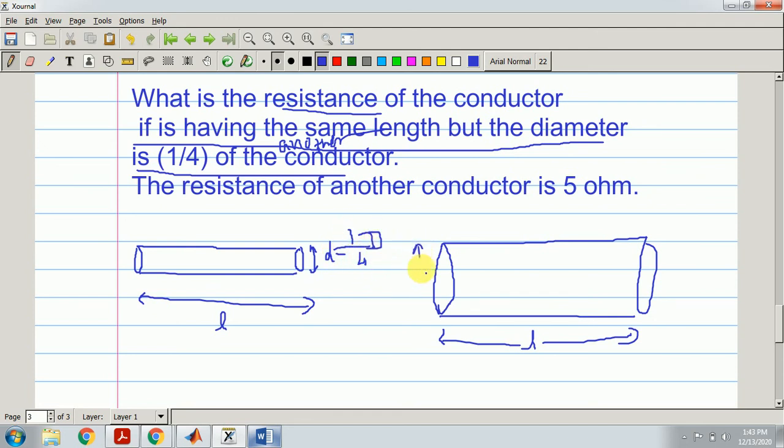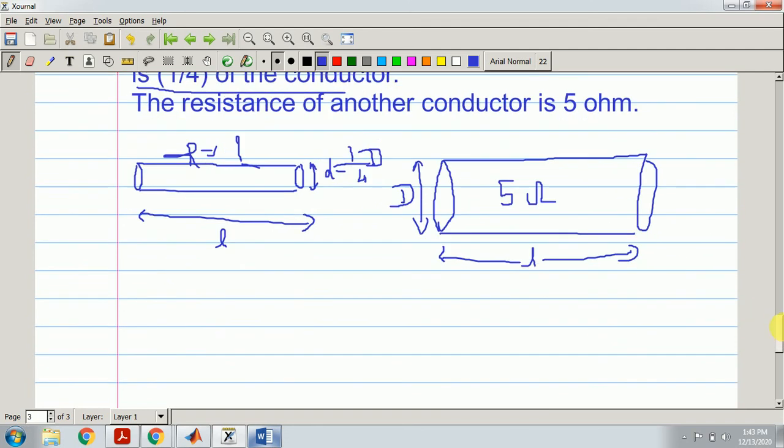Let's say this is my D. Now this particular conductor has a 5 ohm resistor. Now what will be the resistor of this? This is my question. First of all let's work out for this. Let's say these two conductors are made up of the same material, so resistor R can be given by rho L by A. Here A can be defined as pi/4 d square.